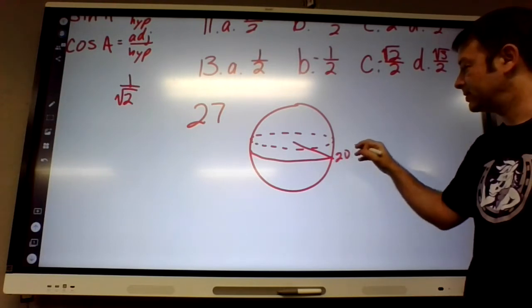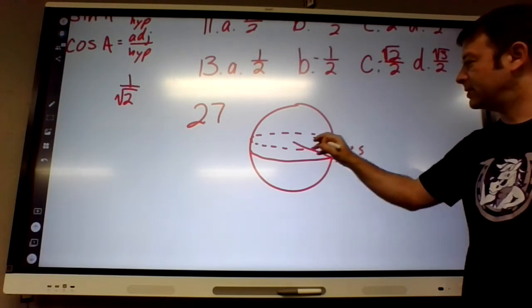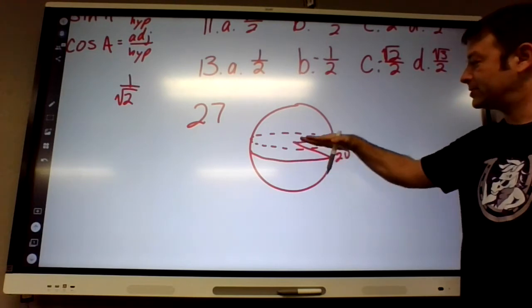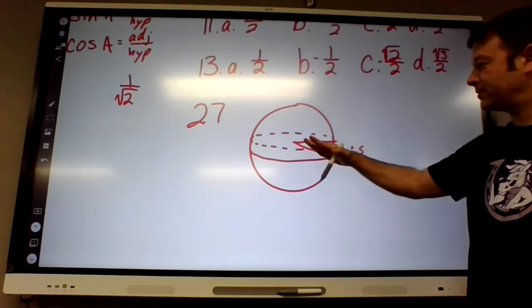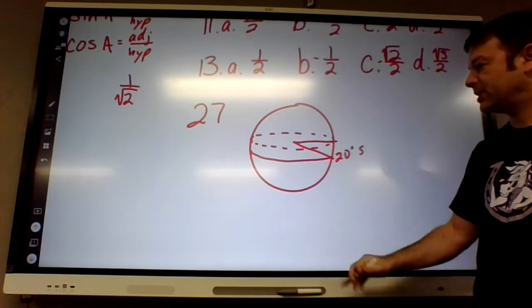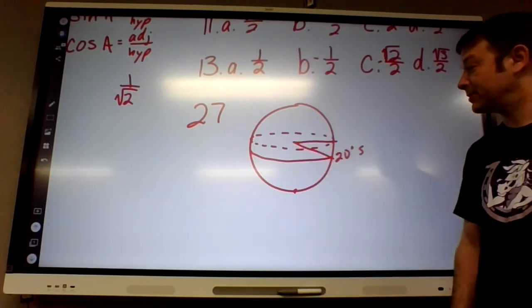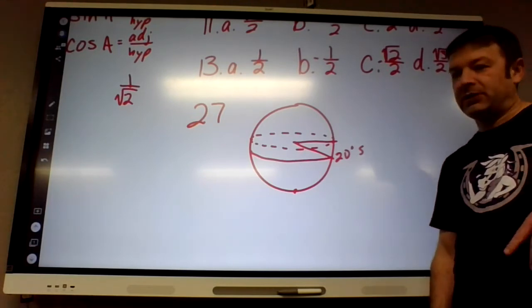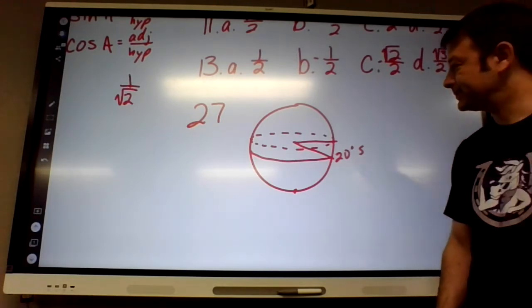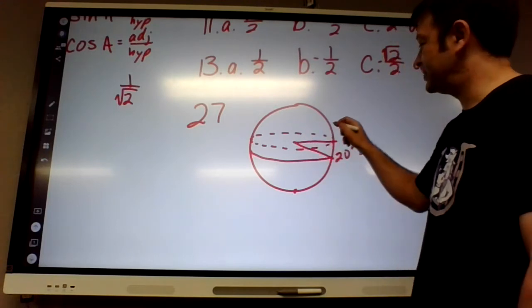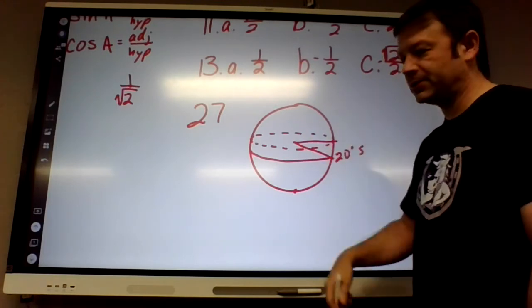That's based off the equator. From the center of the Earth down, it's down 20 degrees. So the South Pole would be 90 degrees south, going straight south. And then you have 10 degrees north, 20 degrees north, 30 degrees north, and all the way up to 90 degrees north.